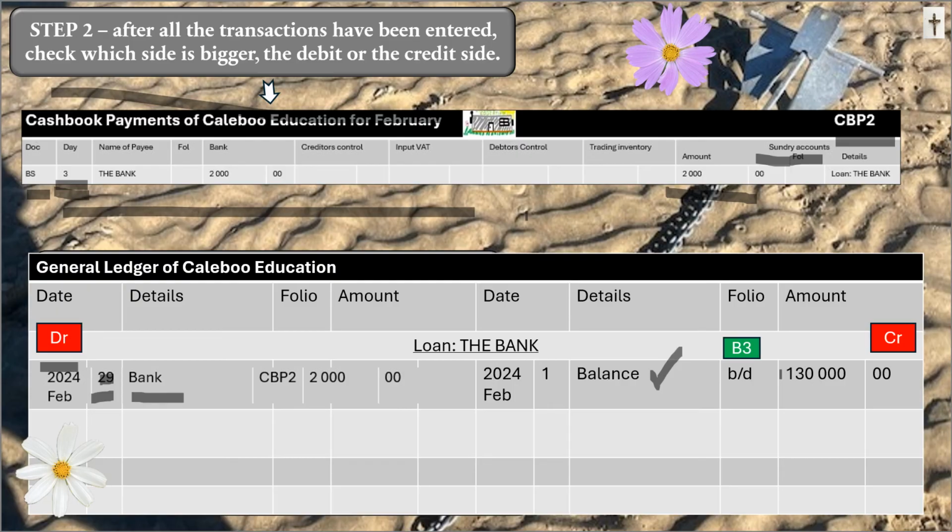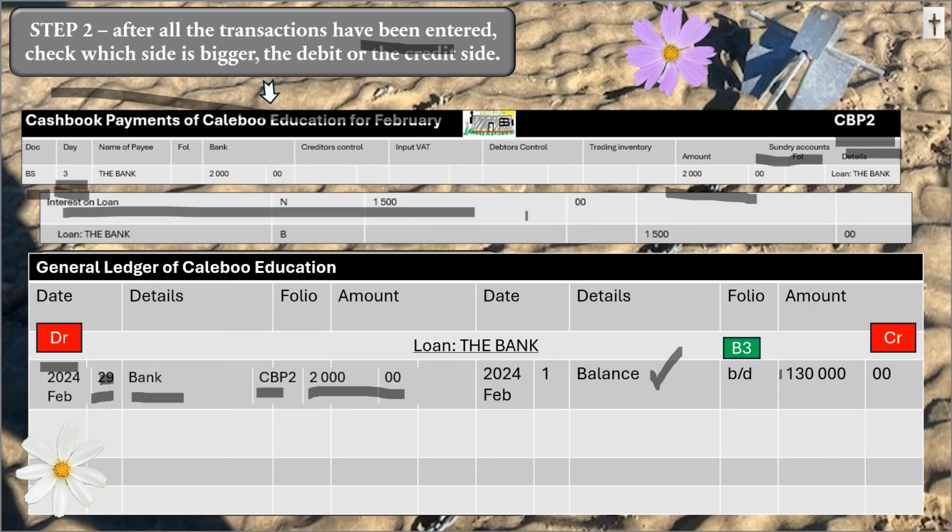Where did we get the information? From the cash payments journal. How much did our liability decrease by? The amount that was paid, 2,000 Rand. So that's one transaction. It says after all the transactions have been entered. So let's check if there are any more.